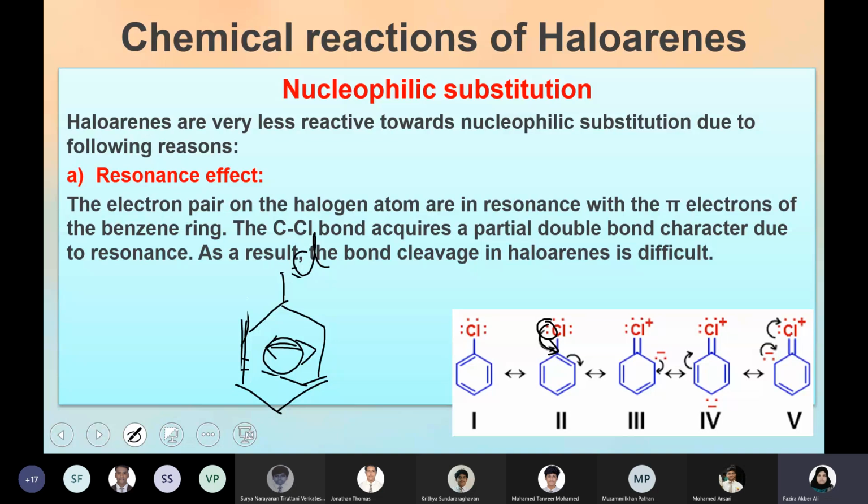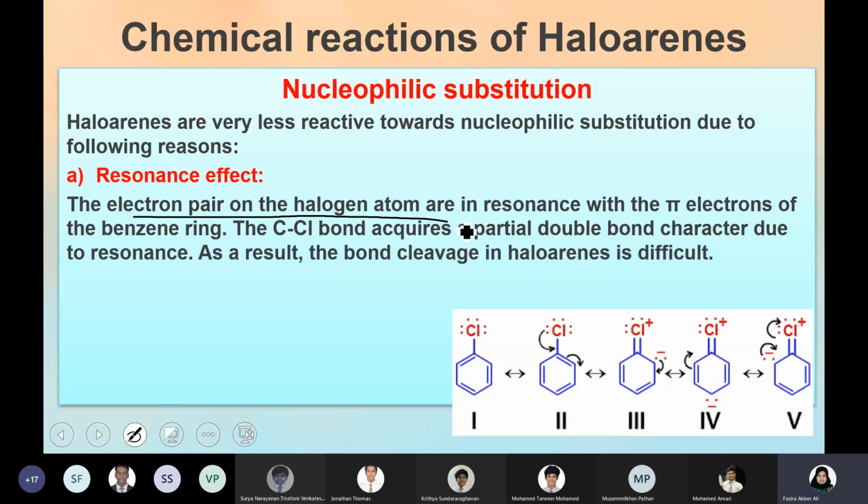Here you can see the carbon-chlorine bond is getting partial double bond character, and the shift is happening throughout the ring. That means the electron pair on the halogen atom is in resonance with the pi electrons of the benzene ring, so the carbon-chlorine bond acquires partial double bond character due to the resonance.